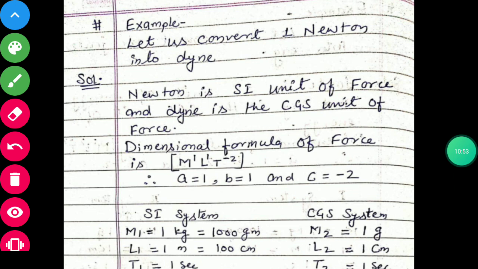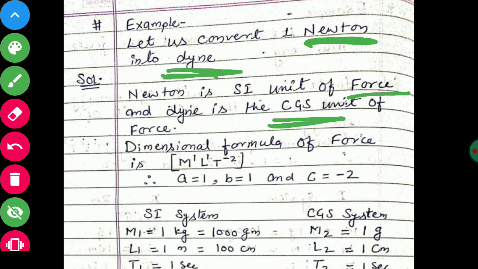Now let us take one more example. Let us convert 1 Newton into dyne. You know that Newton is the SI unit of force, and dyne, which is new for you, is the CGS unit of force.